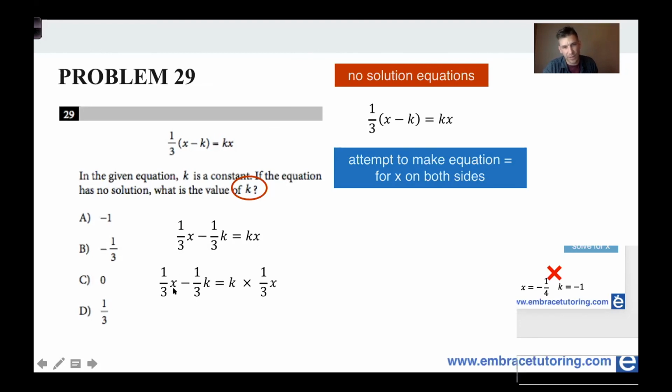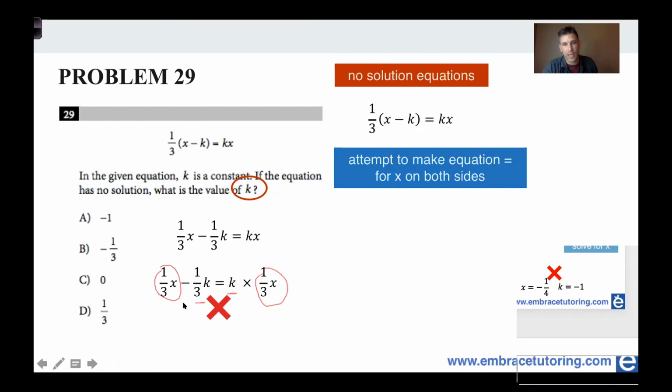If I have 1/3, 1/3, 1/3, these won't be equal. Because if this is a 1/3 x, and if this is a 1/3 x, notice what I did. I was able to get the 1/3 x on both sides, but my k's will not be equal because this would be multiplied and this would be a minus. So that won't work, right? So I can almost immediately tell that 1/3 is probably going to be my answer choice.